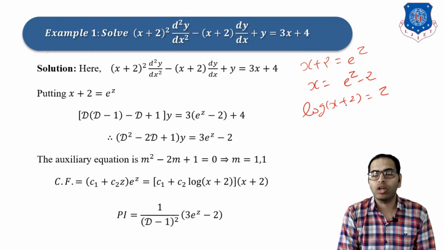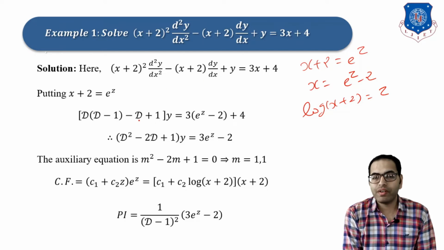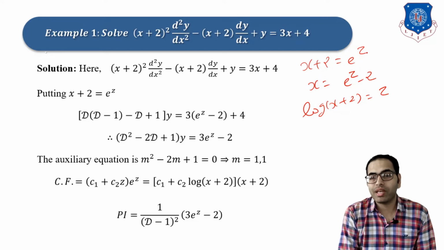We require these to solve the problem. Here the second order derivative term is replaced by D(D-1)y, the first order derivative term is replaced by Dy, plus y, and taking y common, that will give you (D(D-1) - D + 1)y equals 3x + 4, where x is replaced by e^z - 2. Now substituting x as e^z - 2, plus 4.